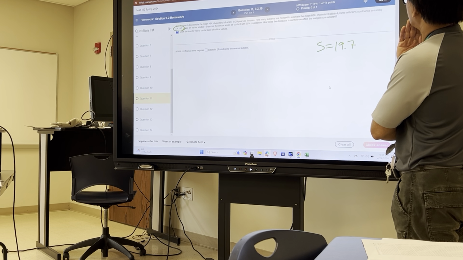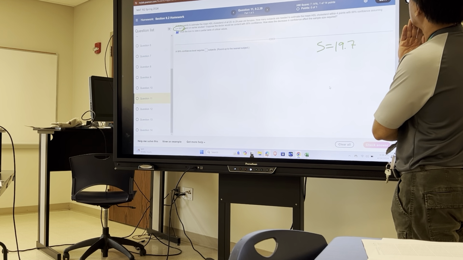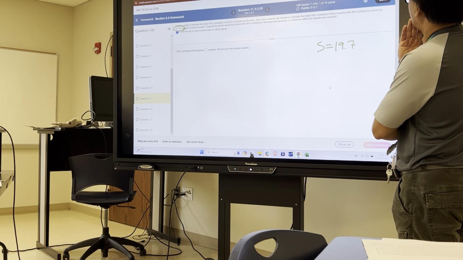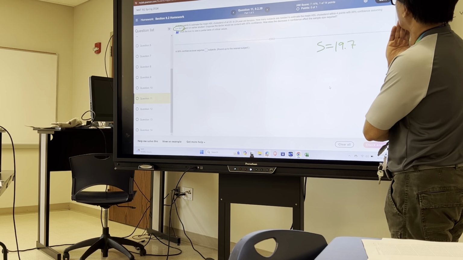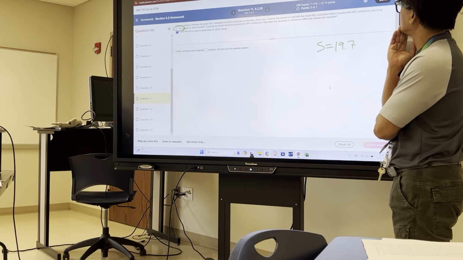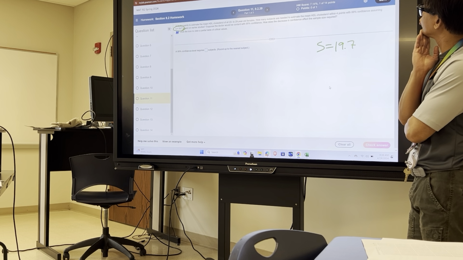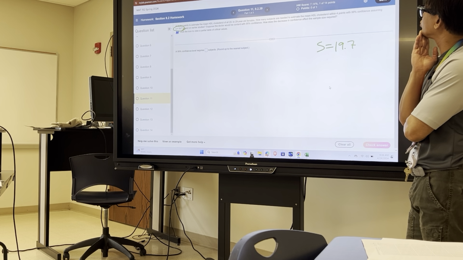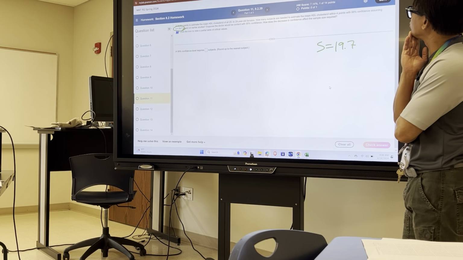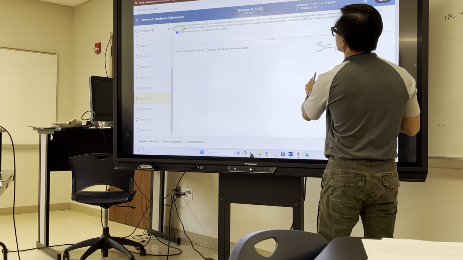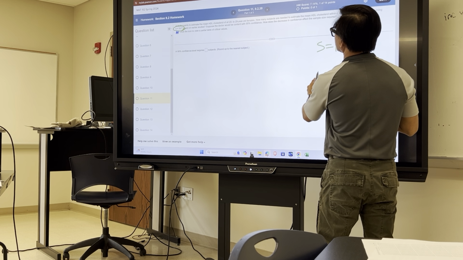S equals 19.7, I would assume that is the sample standard deviation, but it didn't give us anything about the mean. Did it give us anything about the mean in here? Or the point estimate? No, but if you go on the critical value table, it gives you the critical value for 99%.